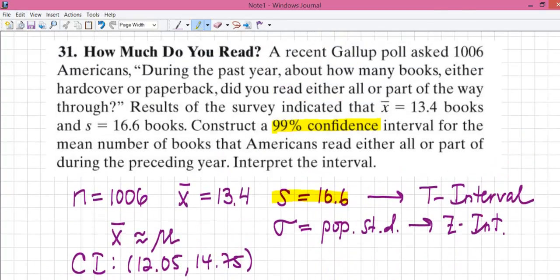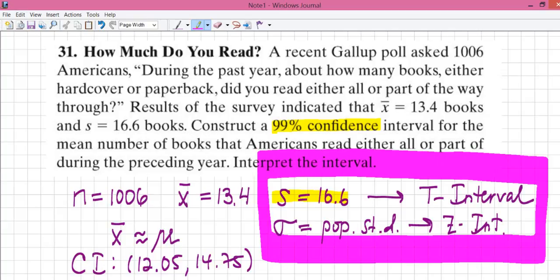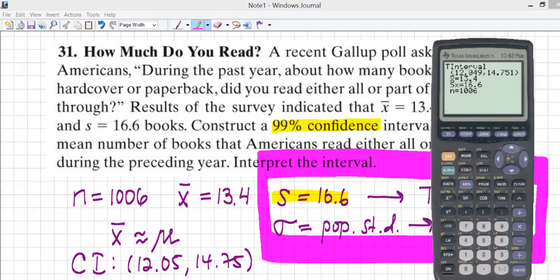Okay? And again, what's the trick for trying to figure out which command to use? Well, here's the trick. If you have population standard deviation, Z interval; sample standard deviation, T interval. If the problem is about proportion, then there's only one thing to do. It's one proportion Z interval. So if you go back here, let me just show you where all these commands are. Stat, test.